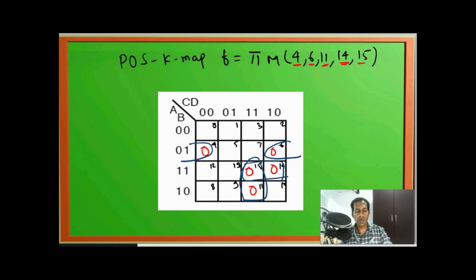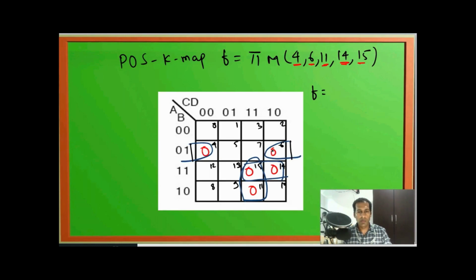Now for this we have to write POS. POS means product of sum. So we'll write it in the form of sum. So say we'll get this function f is equal to, say first for M4 and M6, this is M4 and M6.